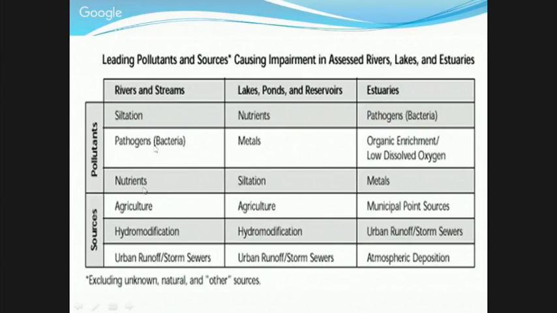Then hydro modification takes place, and urban and storm sewers are thrown into rivers. In lakes, ponds and reservoirs, the pollutants are nutrients, metals and siltation, with the same sources: agriculture, hydro modification and urban runoff. In estuaries, we have the problem of pathogens, organic matter and low dissolved oxygen, and the sources are municipal point sources, urban runoff and atmospheric deposition.